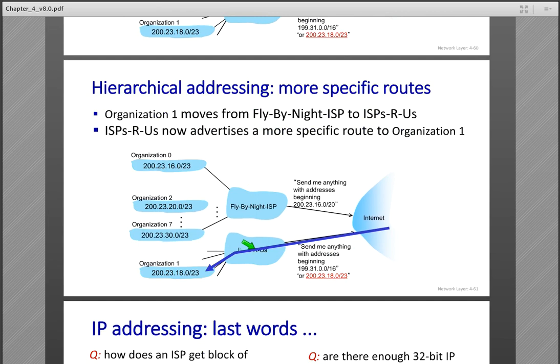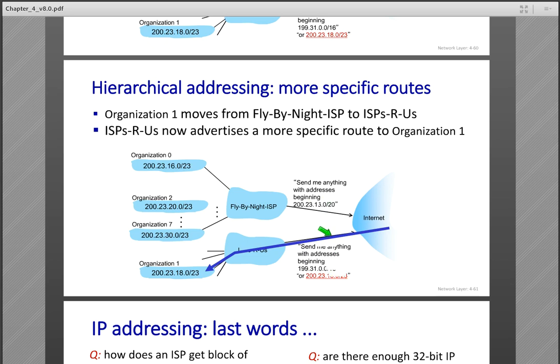Look at this one. Here, the mask of this address is /20, and here the mask of this route is /23 bits.